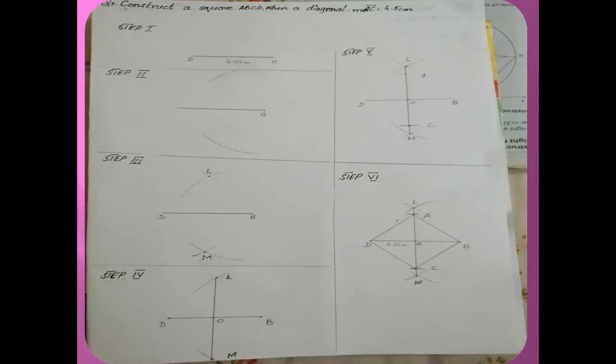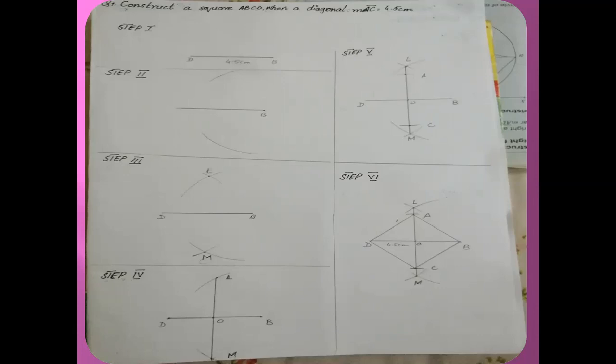Almost 2.3. So open your compass 3 centimeters. Put your compass on point B and draw arcs upward and downward of the line. With the same radius, put your compass on point D and again draw 2 arcs upward and downward.